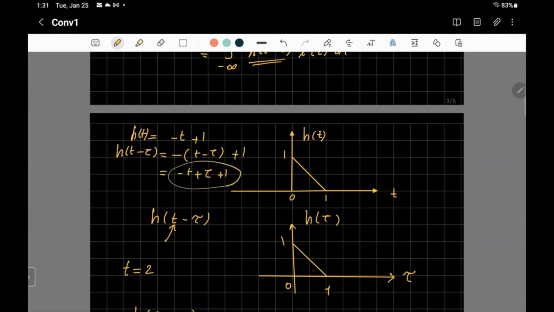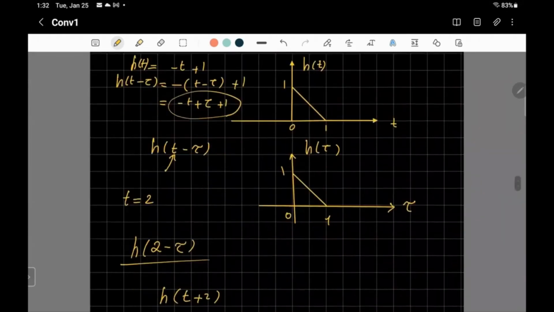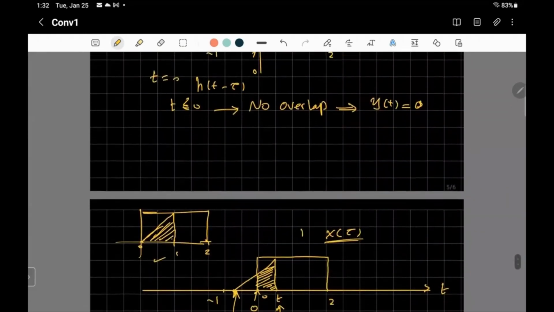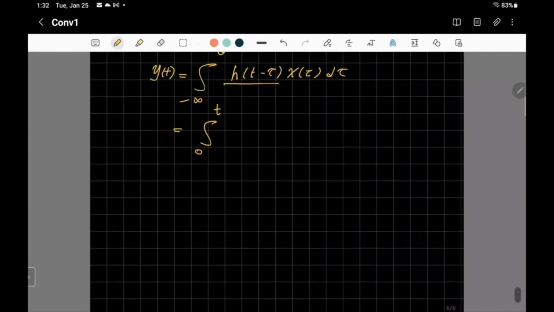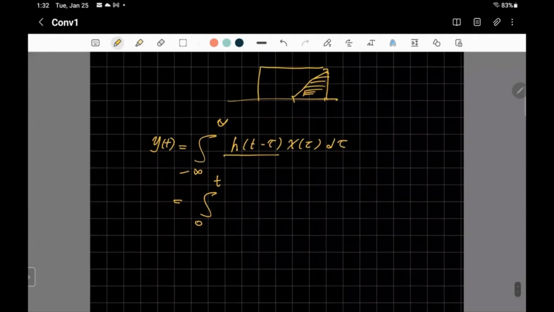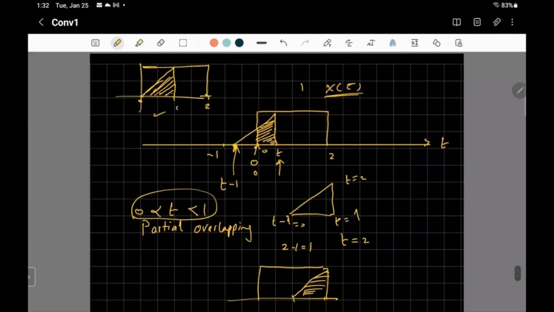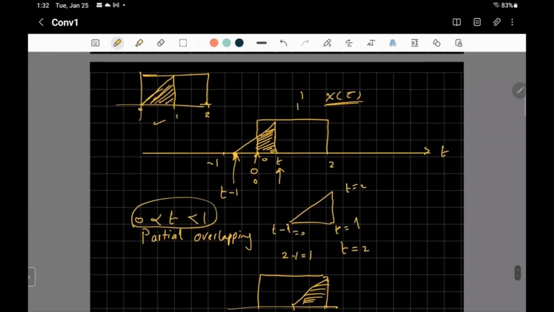That will be the expression: minus t plus tau plus 1. So that's how you get it. Very simple. Just go to the equation and substitute. So we will have minus t plus tau plus 1. We found it. What about x of tau? It's easy. It's equal to 1, right? It's 1.